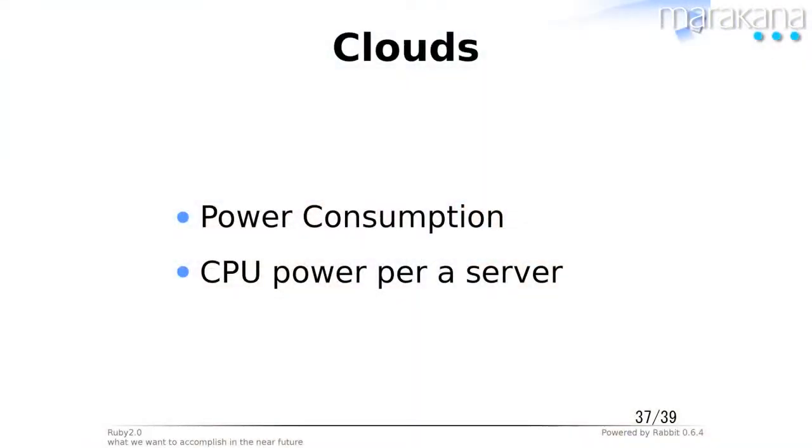And the clouds. Recent data centers are getting bigger and bigger, and the power consumption is huge. So cloud machines tend to be replaced by computers that consume less power, because the biggest cost for a data center is power. Google is planning to replace data center computers with Atom processors.